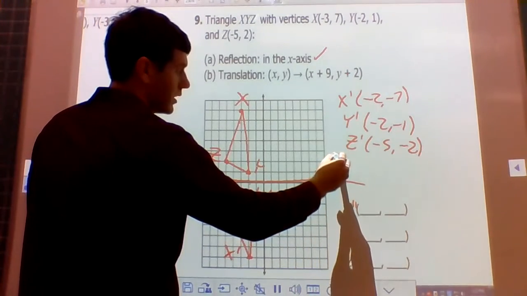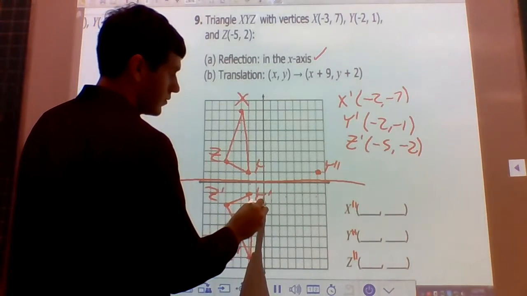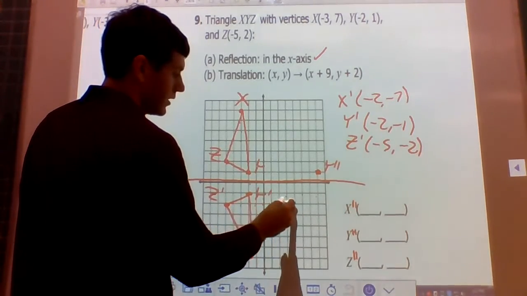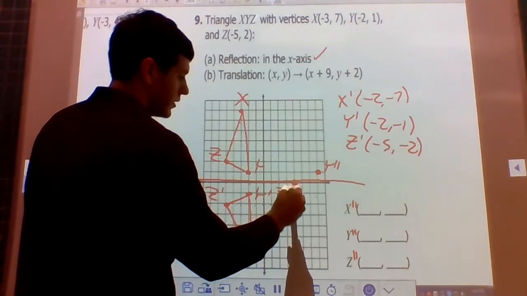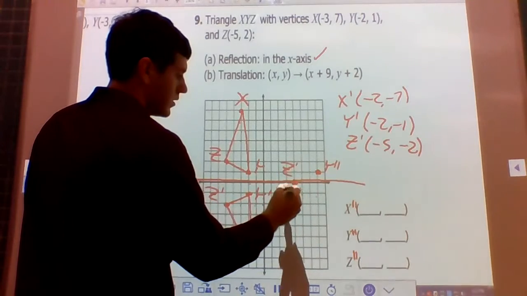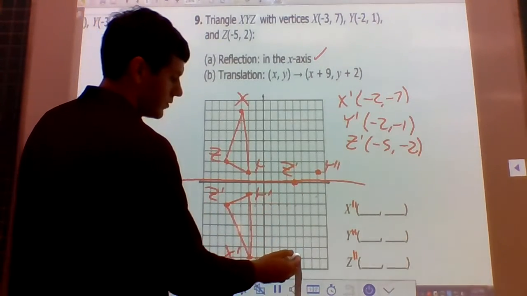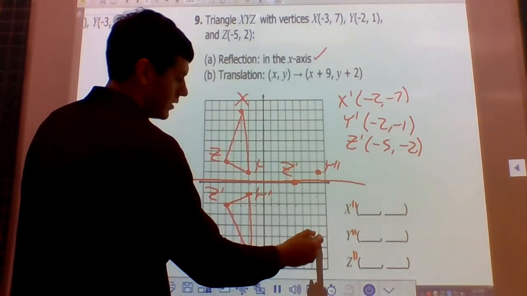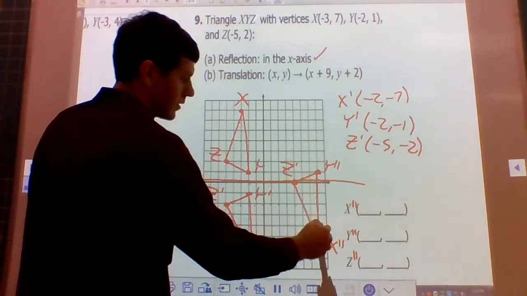So there's Y double prime. 1, 2, 3, 4, 5, 6, 7, 8, 9, and then 2 up. Here is Z double prime. Okay, and this is 1, 2, 3, 4, 5, 6, 7, 8, 9, and then 2 up. There is X double prime.